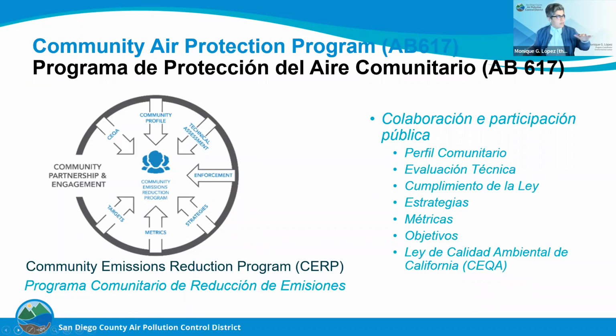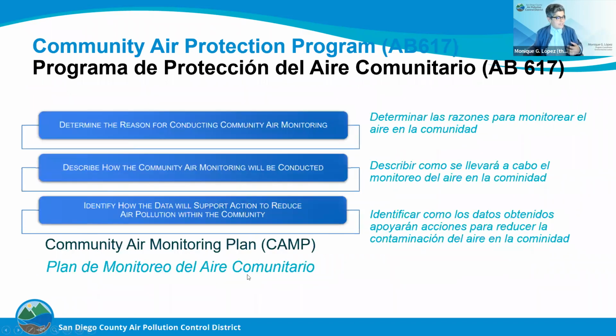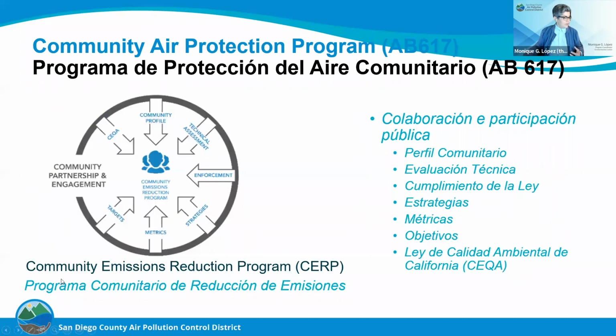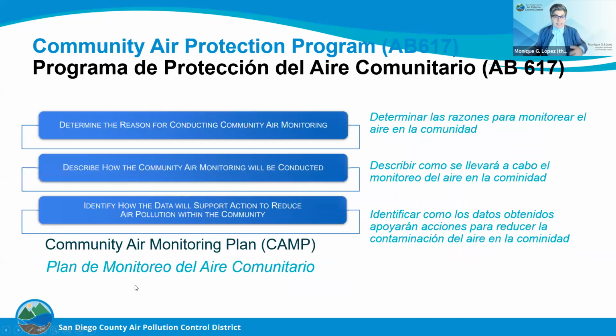The second part of the Community Air Protection Program, which we talked a lot about the last time we were together, is the CAMP, the Community Air Monitoring Plan. So in the previous slide, you have the Community Emissions Reduction Program, which contains all these different elements that I shared with you all here today. And the CAMP is essentially, how are we going to monitor?